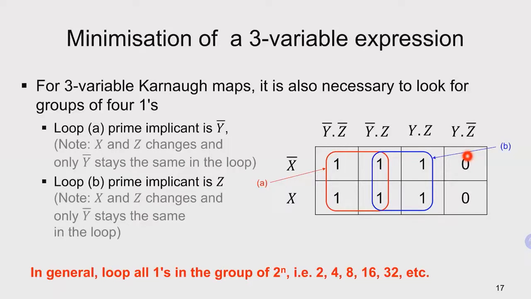It's always true. But here we have 6 ones, so we can group them in a group of 4. Okay, so we have loop A here, and then loop B here, which is a group of 4.